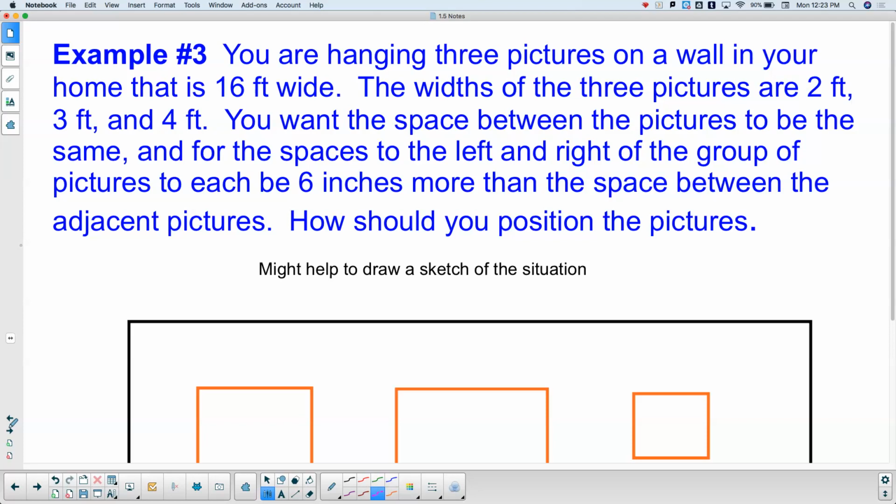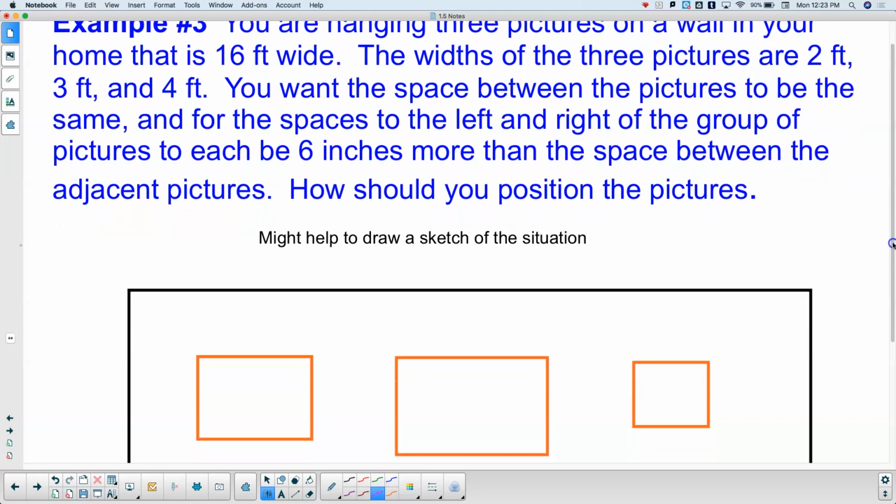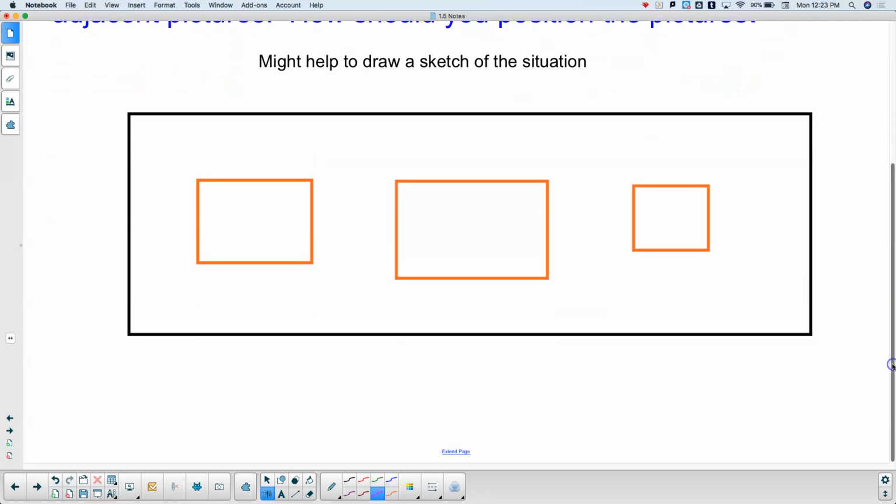All right. So now sometimes it might help to draw a sketch of the situation. So I've made myself a little picture here of that particular situation. The first thing that it told us is that the distance across the wall was 16 feet.